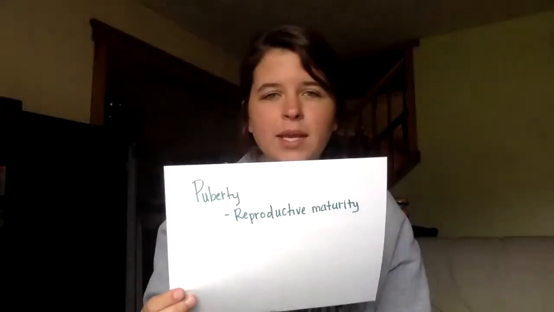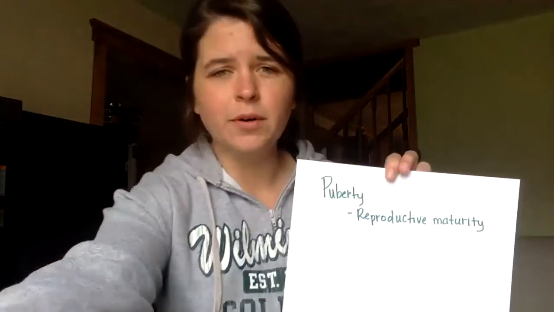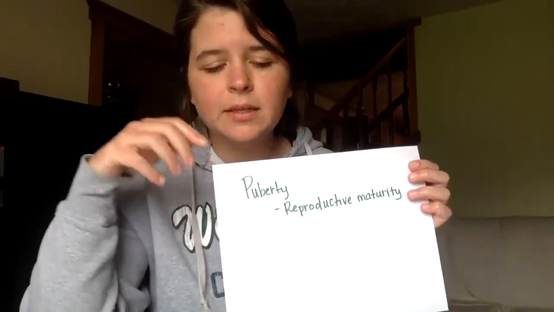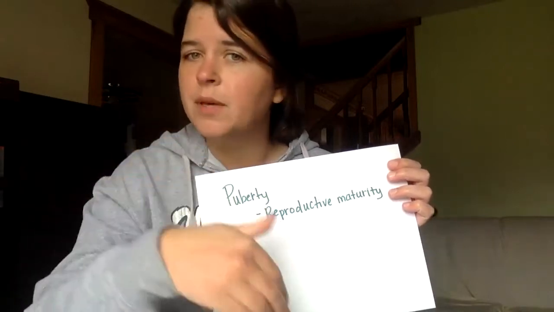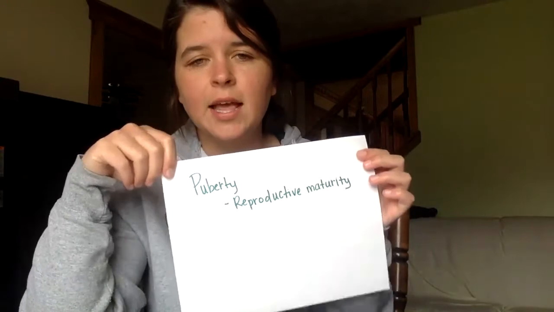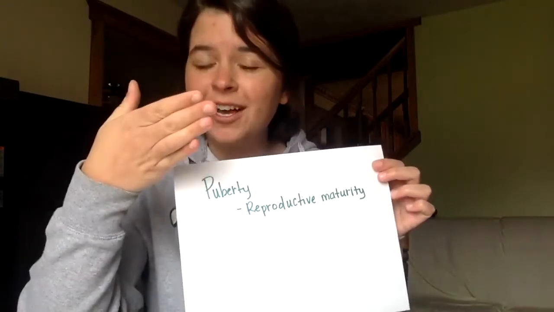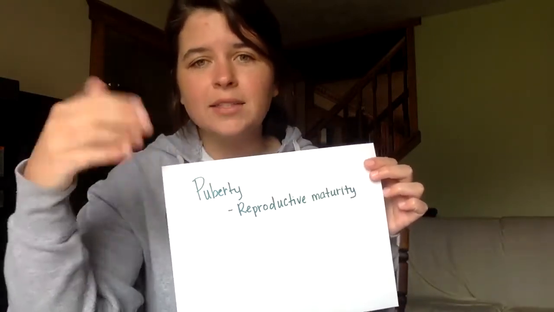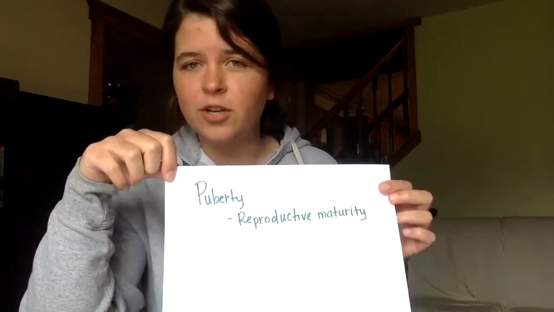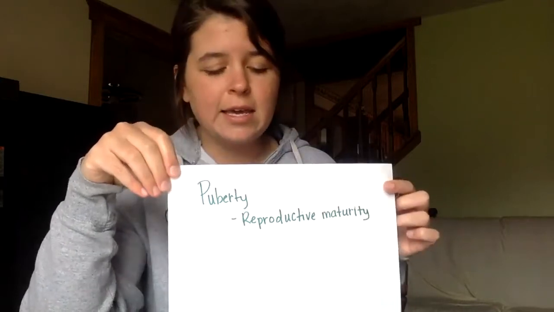It's at that point that a female would be able to be bred, that her reproductive tract would be mature enough to handle the semen being put into the uterus, the fertilization, and being able to sustain that baby. So after a female is born, after a certain amount of time, she'll reach puberty, and that's when her reproductive tract is mature enough that she can start reproducing.